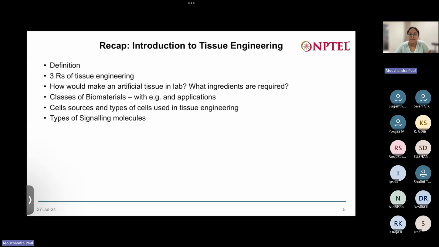Is anyone here not from a bio or life science background, like material science, nanotechnology, or any diverse field? It seems that all of you are from a bio-based background.